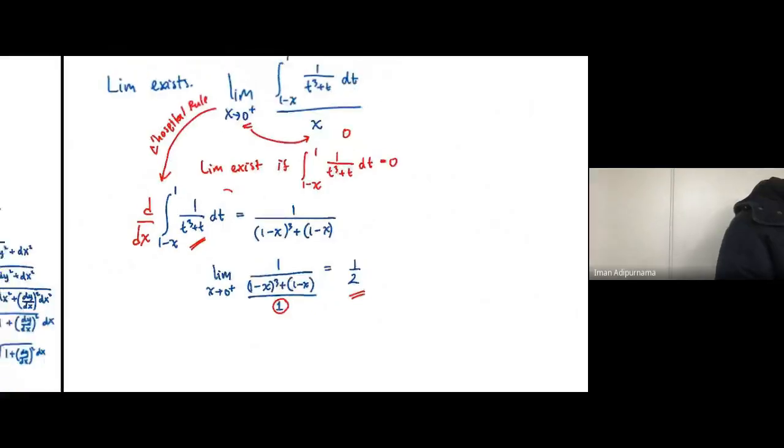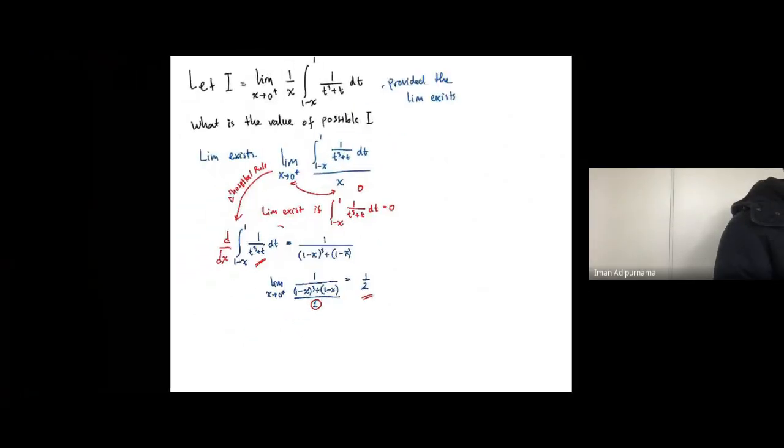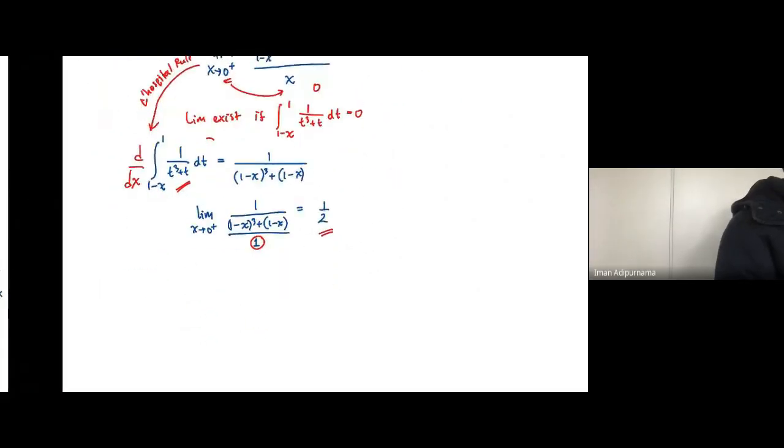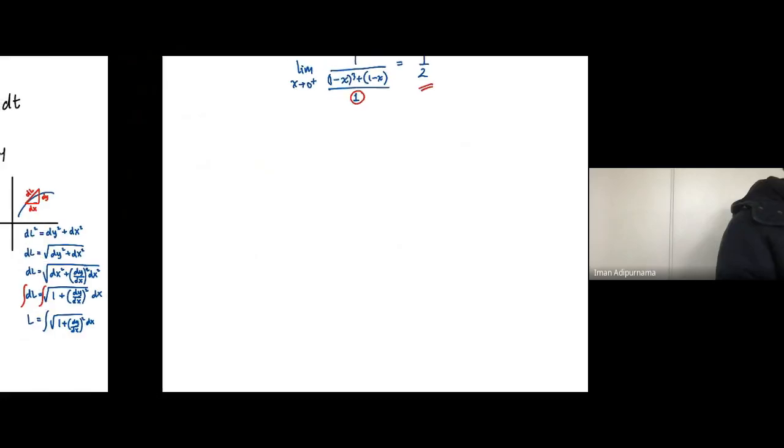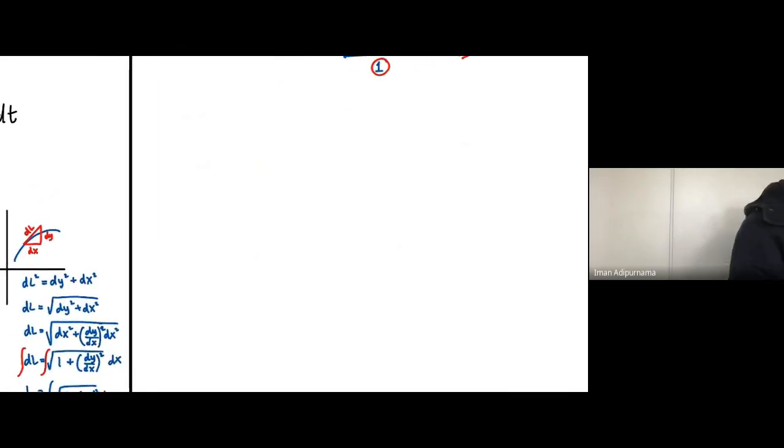Okay. That's regarding the limit and using the fundamental theorem of calculus.